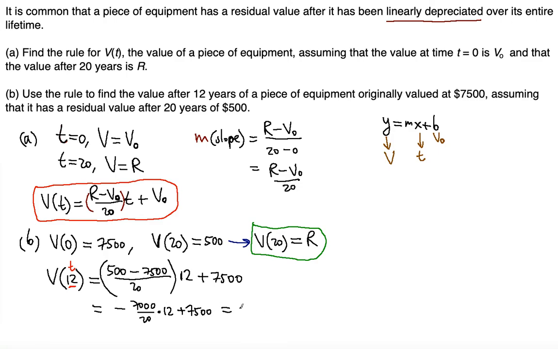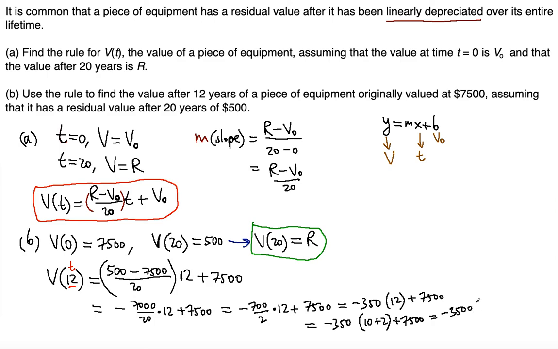Basically, that's the same thing as negative 700 over 2 times 12 plus 7,500, which is basically equal to negative 350 times 12 plus 7,500. And I don't want to use the vertical multiplication, so what I'm going to do is this way. 10 plus 2 instead of 12, which gives me minus 3,500 minus 700 plus 7,500.